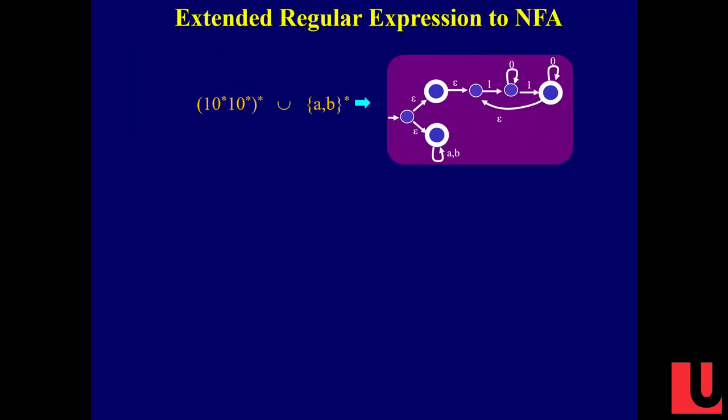I guess we're converting to NFAs because the pictures are smaller, but eventually we're going to want to convert these to DFAs. We know how to convert an NFA to a DFA already. Everybody see what our goal is?